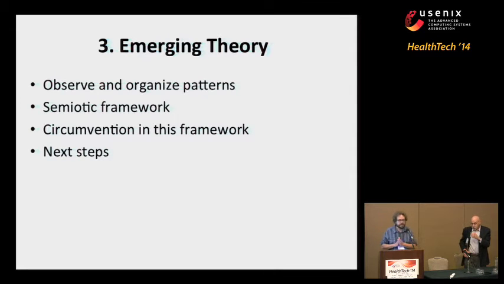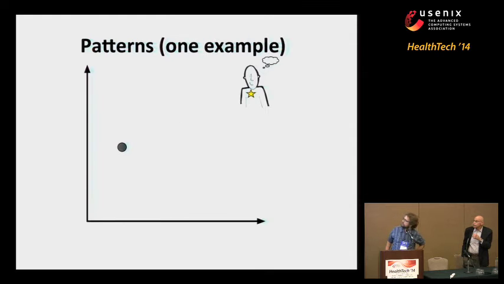Some of the things we're doing with the data is looking at it, trying to understand patterns, and analyze that. And it's always nice to have a simple drawing. So one pattern we see is a security officer, so you can tell they have a badge there. They see that their system is in some configuration. They would like it to be in a more secure configuration.